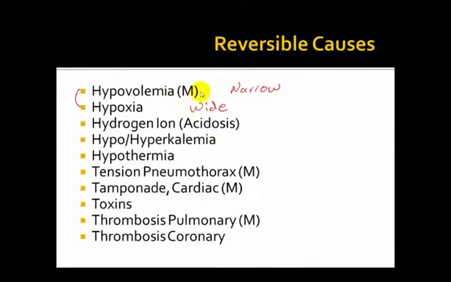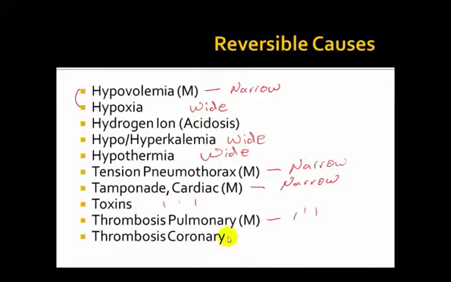So again, the ones with the M's on them are mechanical, and all the mechanical causes will give you narrow complex PEA. All of the other ones that are listed will give you a wide complex PEA.